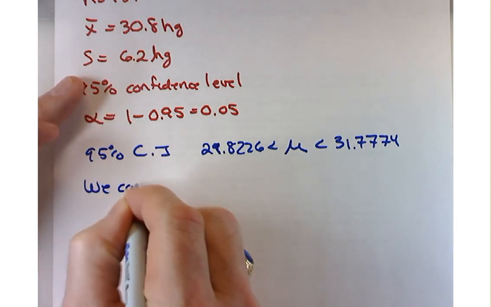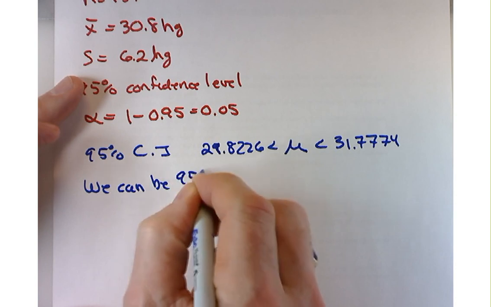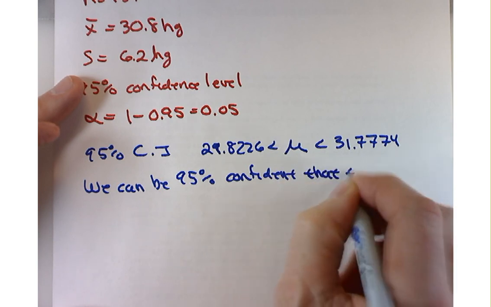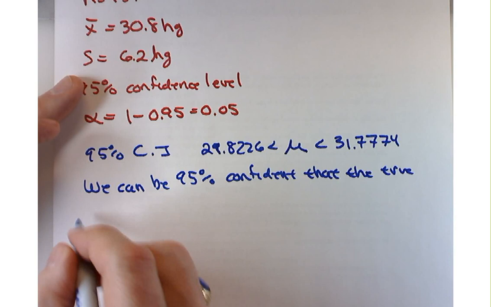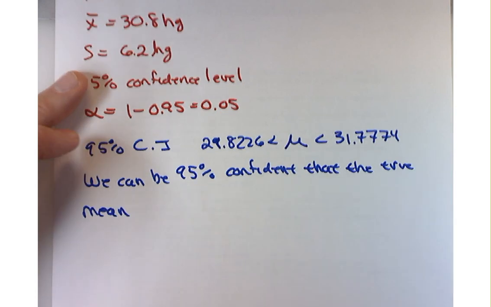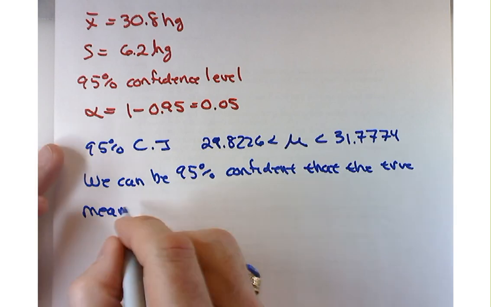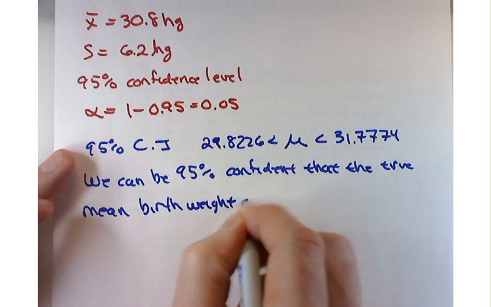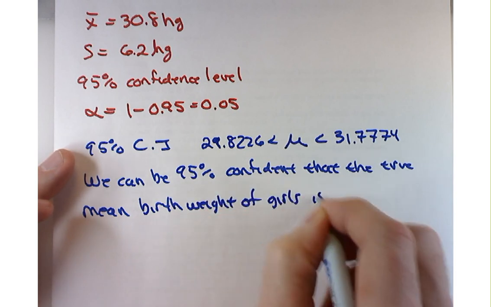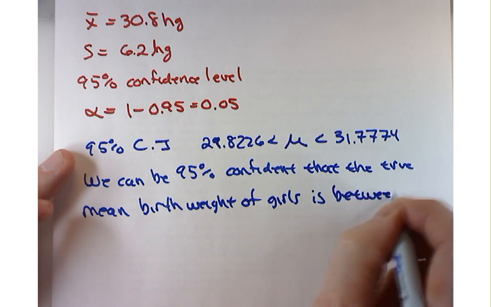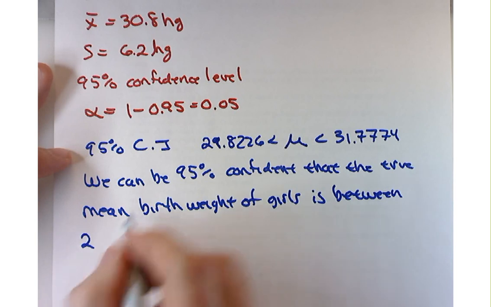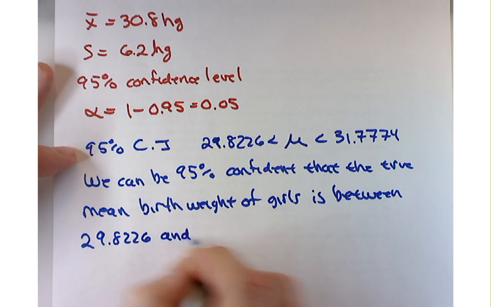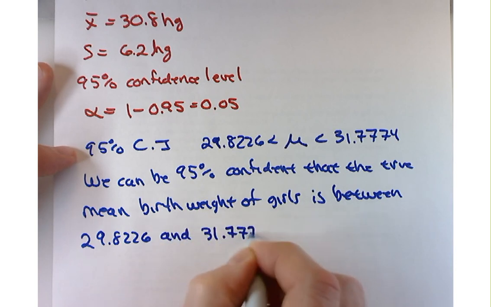We can be 95% confident that the true mean, now this is birth weight of girls, true mean birth weight of girls is between 29.8226 and 31.7774 hectograms.